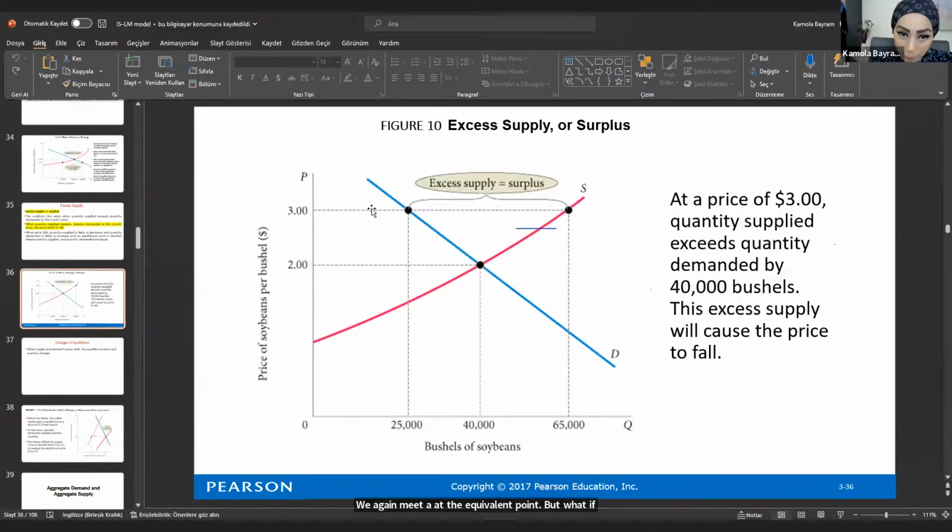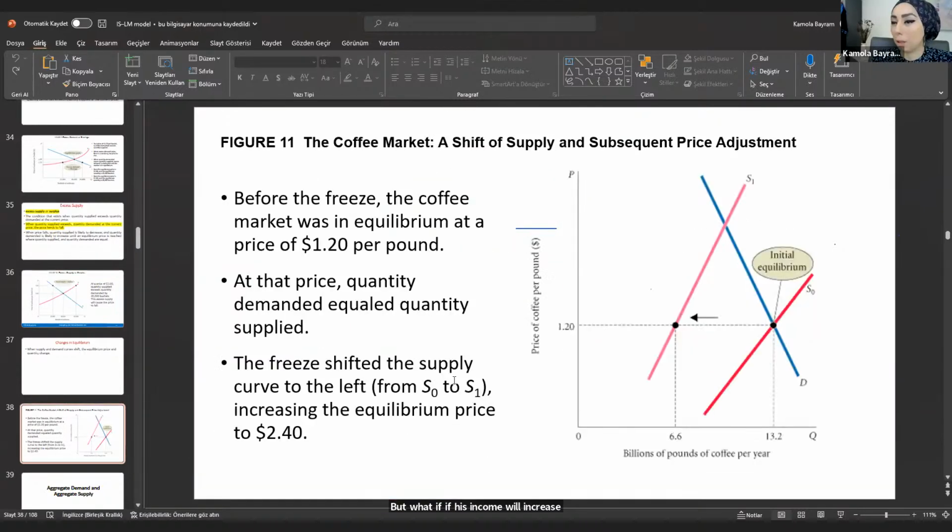So at that price, for example, in this case, the income of the consumer allows him to buy 25,000 bushels for the price of 3 USD. But what if his income increases twice? Then we will see the shift in the curve.